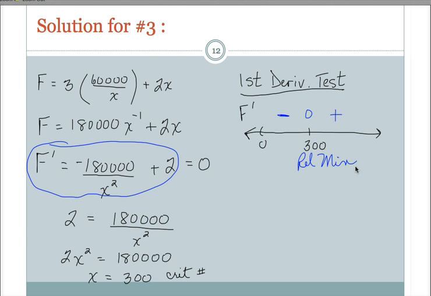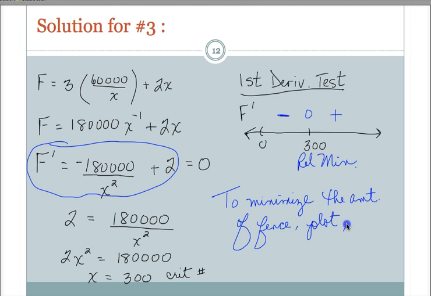So what we end up with is that to minimize the amount of fence, the plot should be, so the 300, remember that was an X, which was going across.